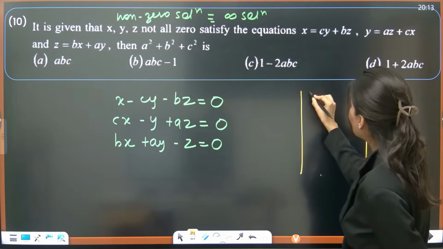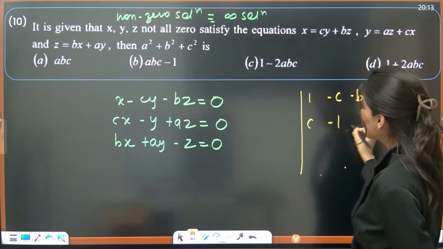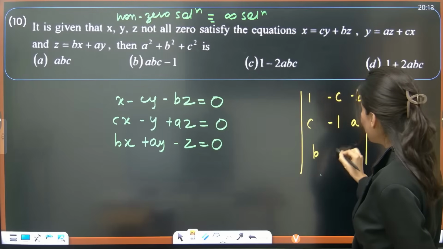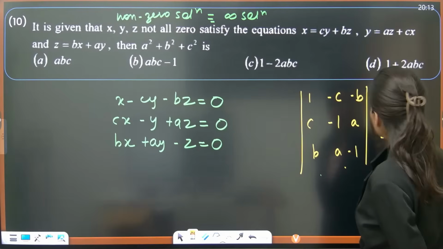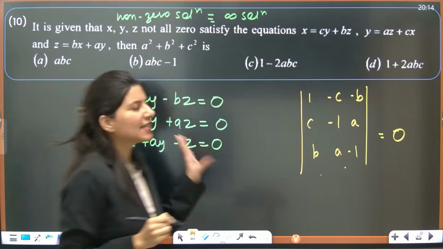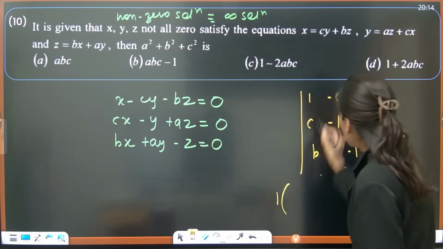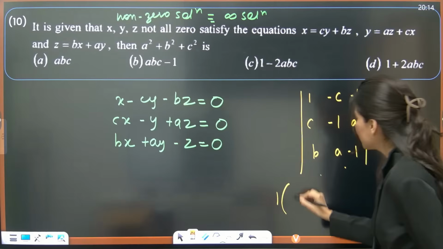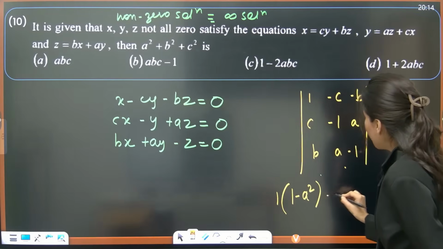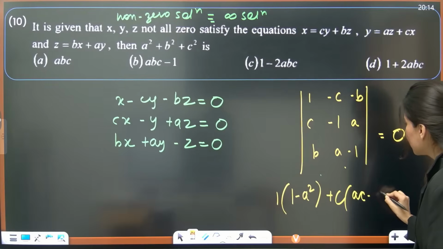Then we are having the determinant 1, minus c, minus b; c, minus 1, a; b, a, minus 1 equals 0. Now just expand it without giving second thought. 1, then this is 1 minus a square. Plus c, and it is ac minus c.